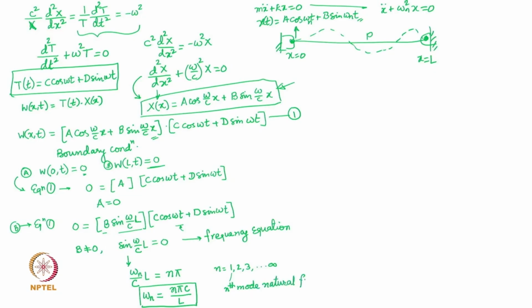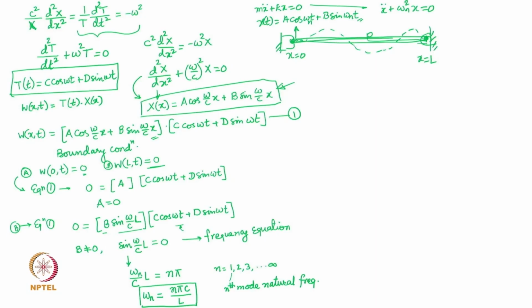So if you want the first mode natural frequency, substitute n equal to 1. If you want the 10th mode natural frequency, substitute n equal to 10. Now we have already seen that this string has been considered as a continuously distributed system, and obviously there are infinite number of inertia elements.